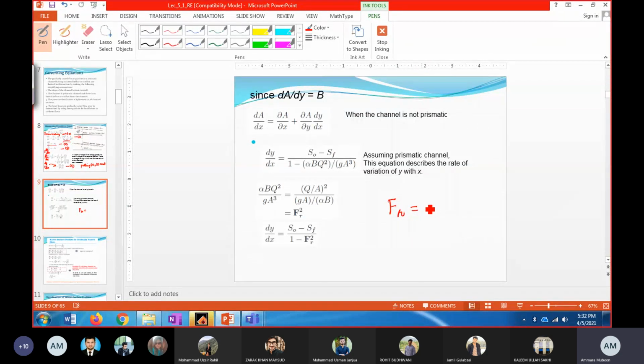The formula for Froude number is V over the square root of gy. So Fr square would be V square over gy. V square in terms of Q is Q square over A square.